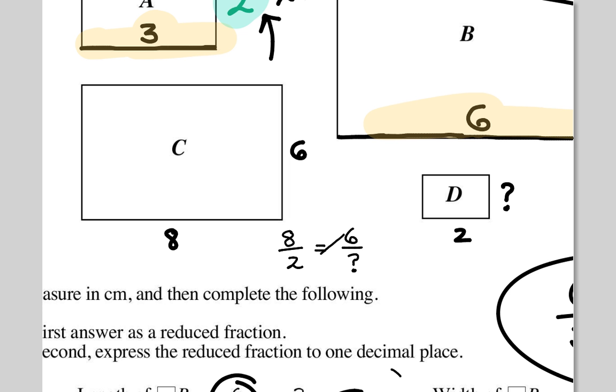So 6 times 2 is 12, divided by 8 is question mark. 6 times 2 divided by 8, 12 over 8. Eight goes with 2. 6 goes with question mark. Yeah, 12 divided by 8. That's 1.5, right? Yeah, we're good. Guys okay with scale factor?